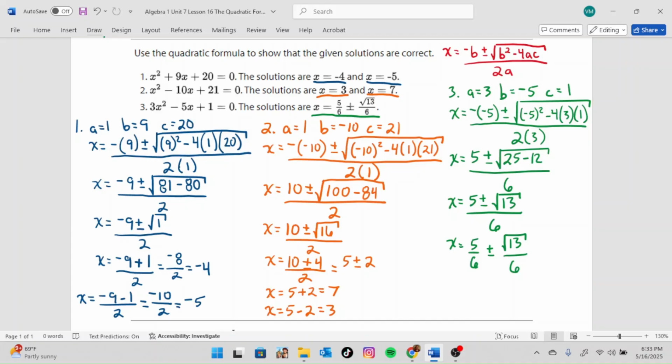When we have an irrational number, such as the square root of 13, it's better if we just stop when we get to that point. Because if we try to calculate the square root of 13, it's an irrational number, so at some point we would have to round it. It's more accurate to just leave it written as the square root of 13.